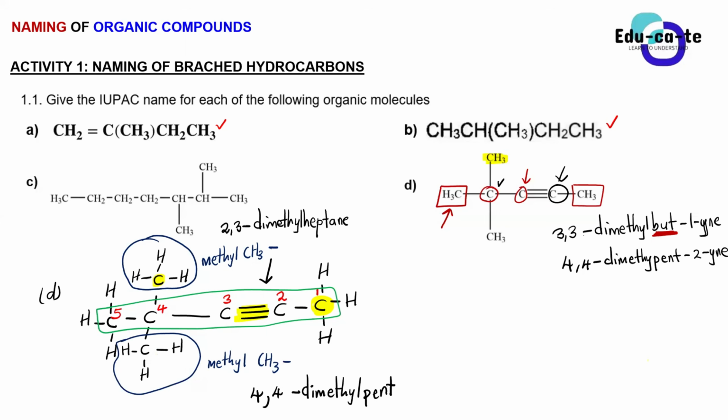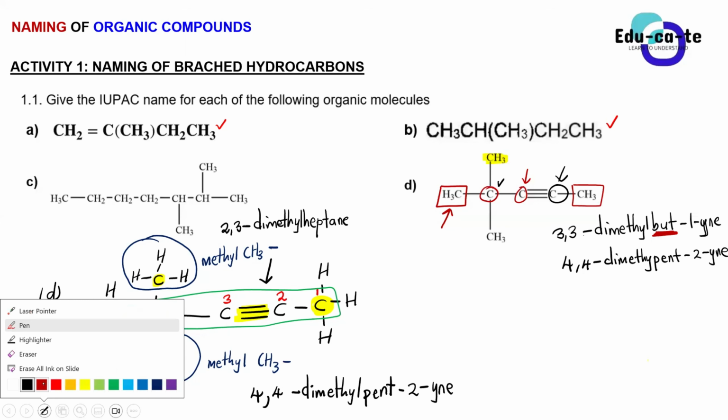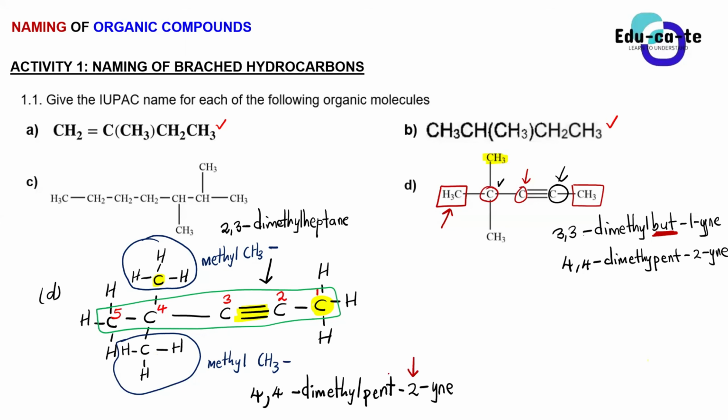So we remove the AN and now we just put a dash to indicate that we have another functional group that is found at carbon number 2. And then it's a functional group for alkenes, right? So this is for alkynes, because a triple bond, remember guys, is an alkyne. So at the end you must have a YNE as the suffix. When it comes to the number of the functional group that you put here, which is 2, you look at your triple bond. Your triple bond is between carbon 2 and carbon 3.